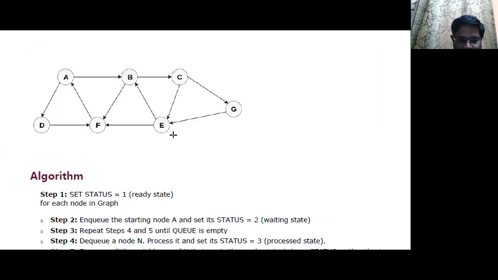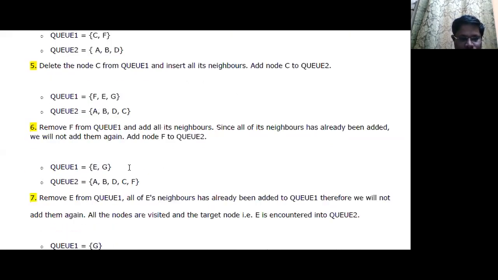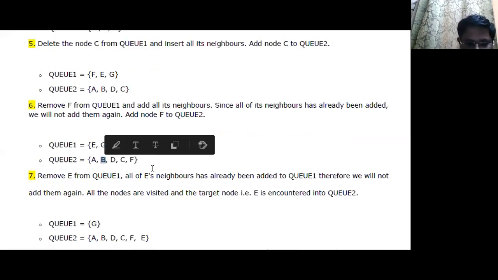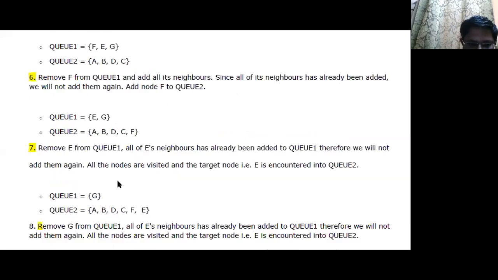There is only one neighbor, B. This is the neighbor, and since B is already in the queue, there is no need to add it again. So E moves to Q2 and Q1 has only one node.